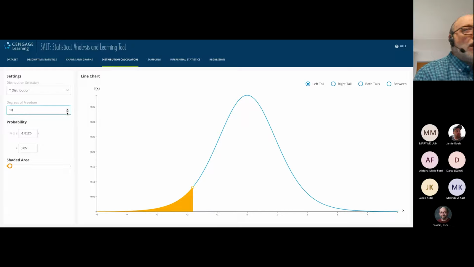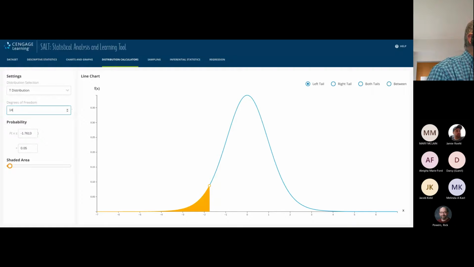The degrees of freedom are related to the sample size, and the degrees of freedom are n minus 1. So when we were looking at the previous example and we said it had 15 children, that would mean our degrees of freedom is 14.